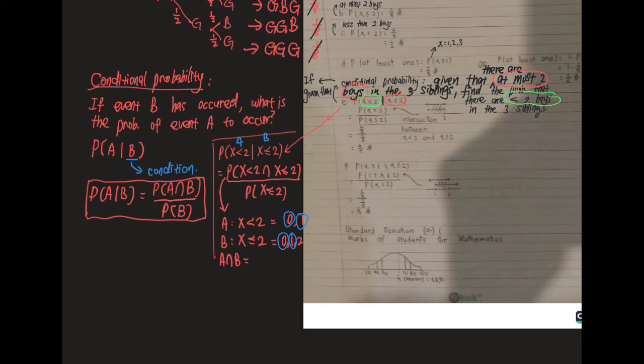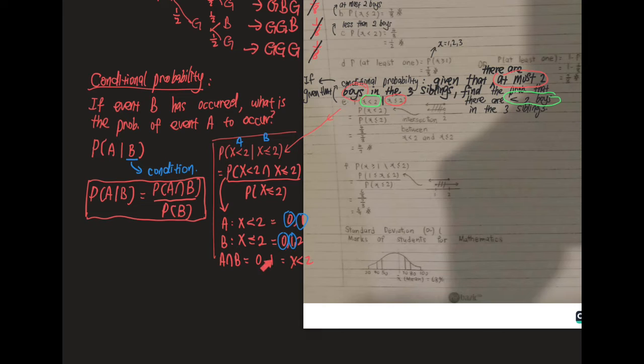0, 1 is X less than 2. So when these two intersect, you just think of what exact values can be taken: 0, 1 for the first, 0, 1, 2 for the second, and when they intersect, you just think of the common values between these two sets.